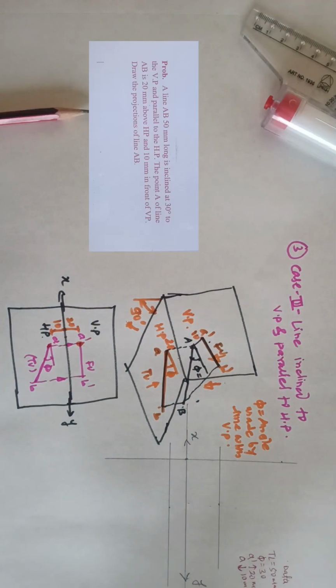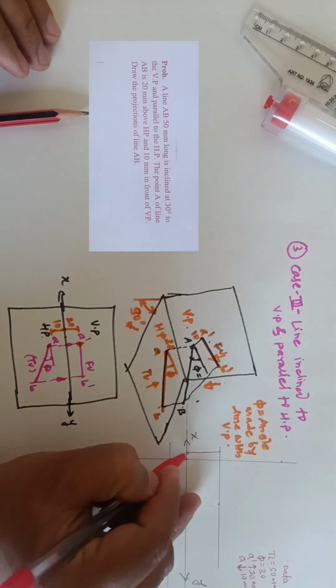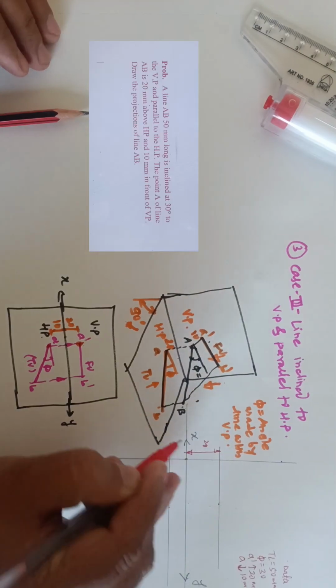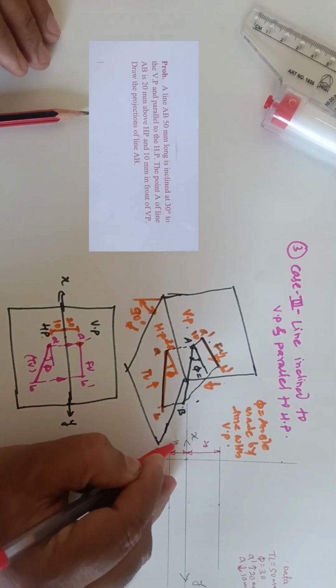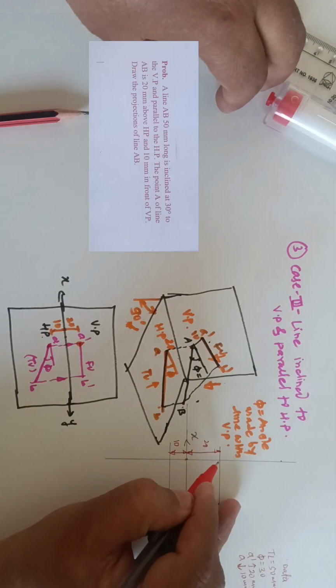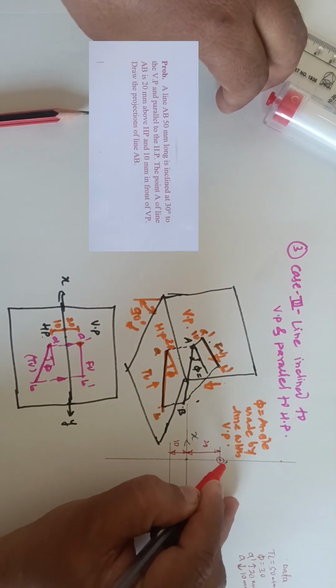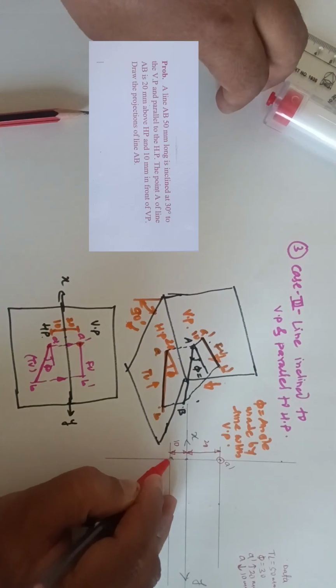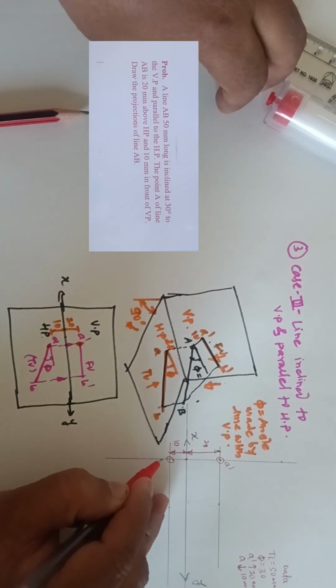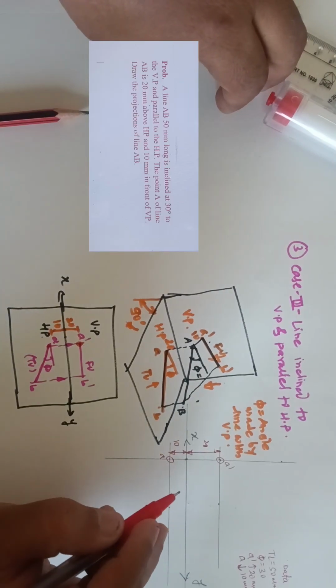See here I give the dimensions: this dimension is 20 mm and this dimension is 10 mm. And on this vertical line I mark this point as the front view of point A dash, and this one is the top view of the point, that is A.